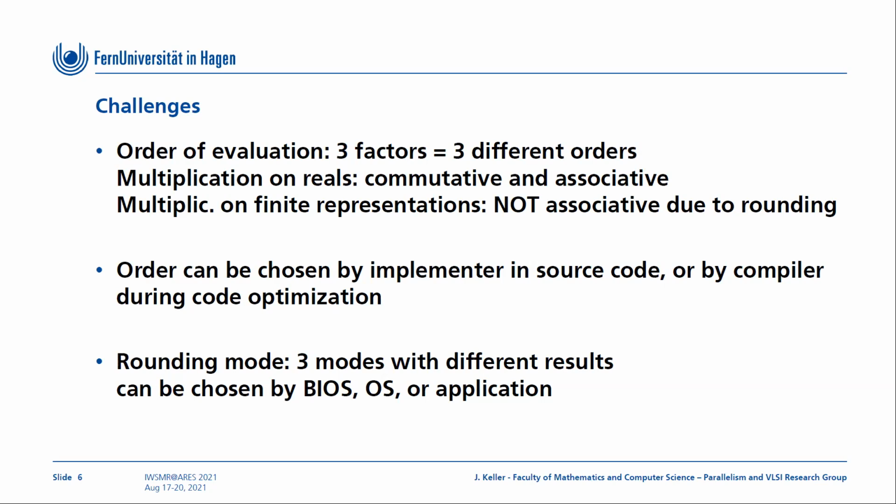But multiplication on a finite representation is not associative anymore due to the rounding. The order of evaluation can be chosen by the implementer, by this type of coding in the source code, or even for a fixed source code, it can be chosen by the compiler during code optimization for a particular computer architecture.